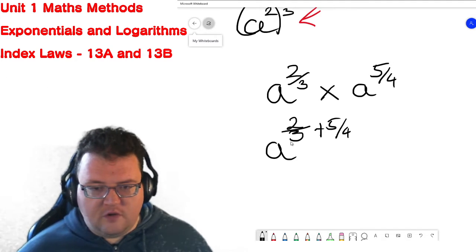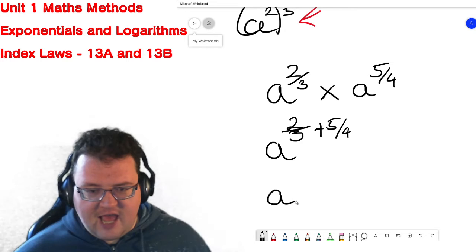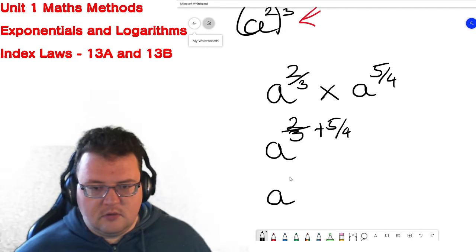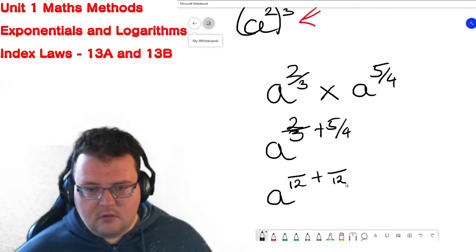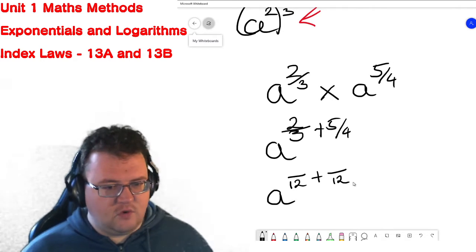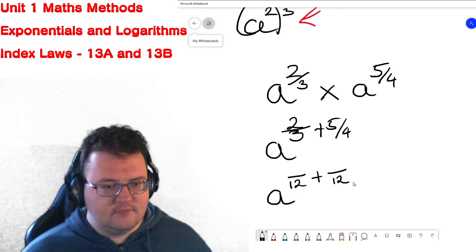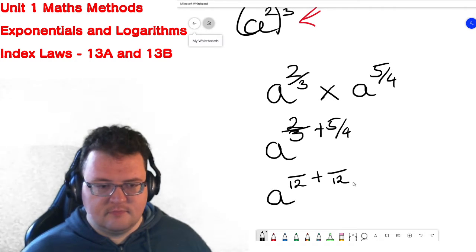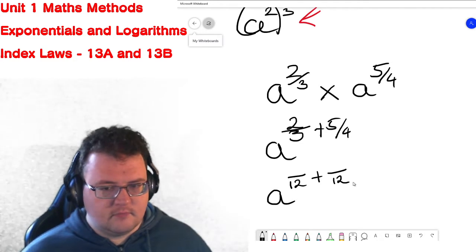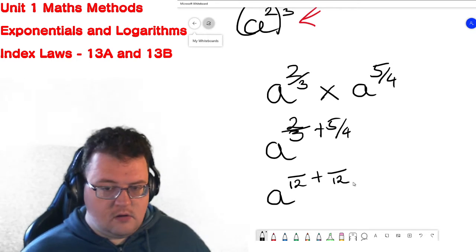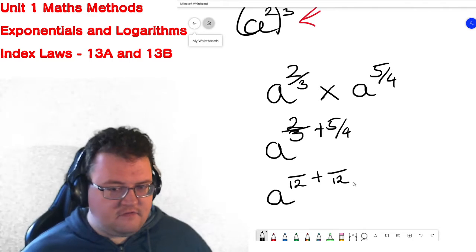So, what do I have? I need to turn all of these into 12s. So I have a to the something over 12 and the something over 12. What are my numerators, please? Eight and 15.